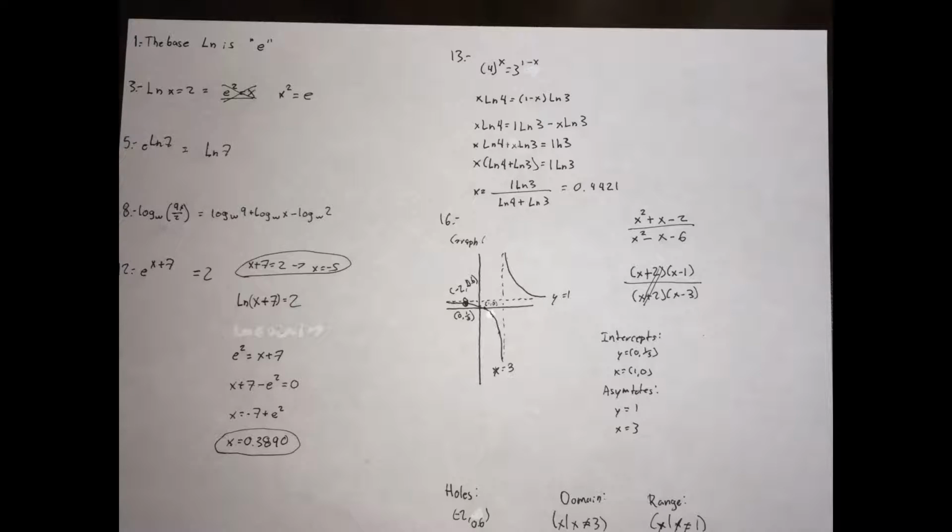Since we already know what the properties of natural logarithms are, we can take that natural logarithm and the 2 that is outside the equation as e to the power of 2. So e to the power of 2 would be equal to x plus 7.